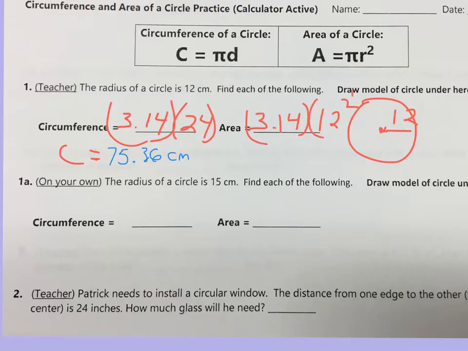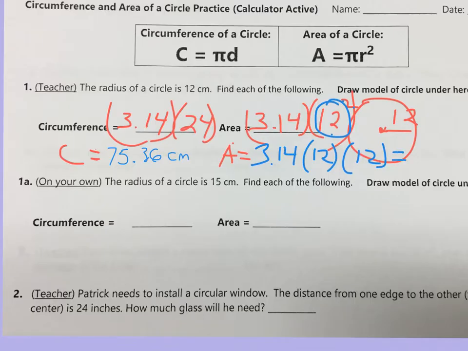So my area formula would be 3.14 times 12 times 12, because the radius squared is 12 times itself.